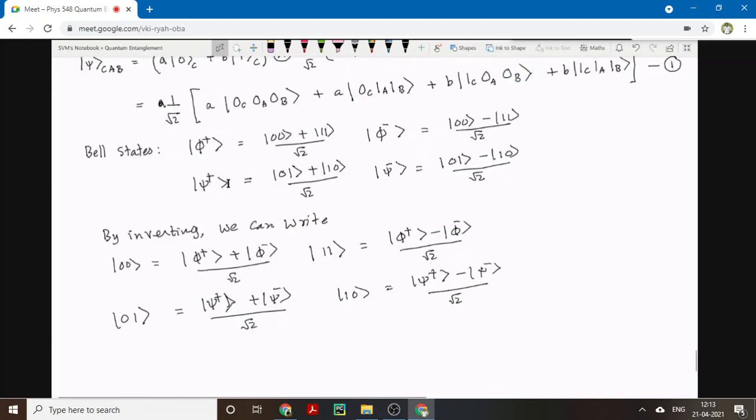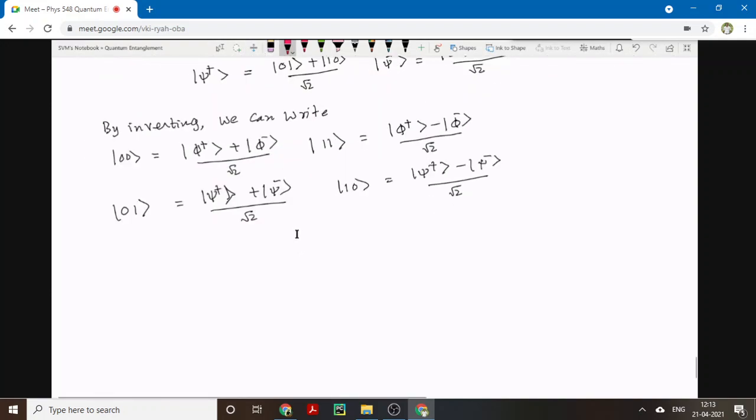So let us try to rewrite this in the following fashion. The states CA: I have 0C 0A here, 0C 1A here, 1C 0A here, and 1C 1A here. So I will write the CA part of it using the Bell states.